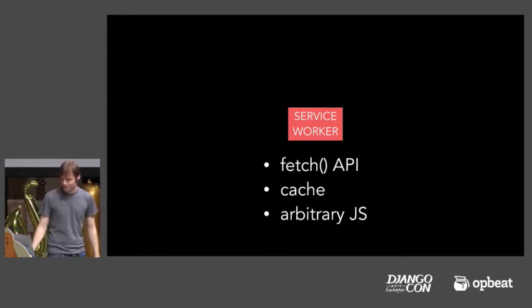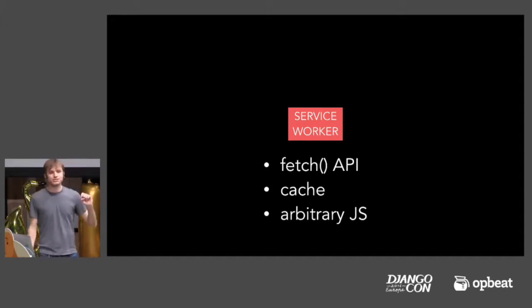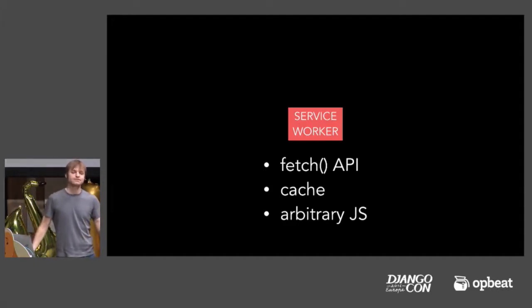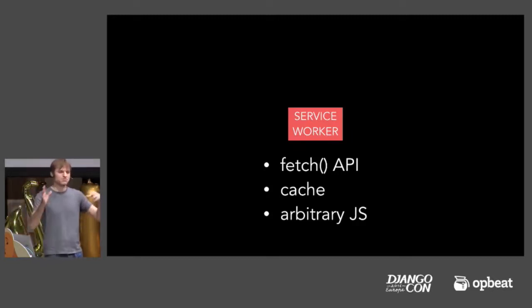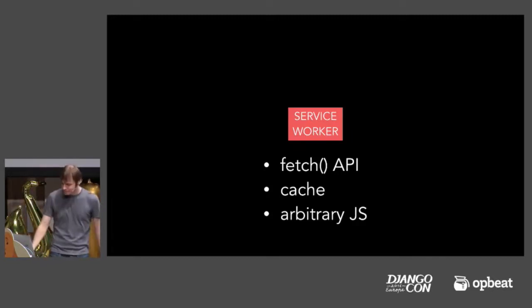So you can use it safely within a service worker. You can also cache. So just as in the Django cache API, you can set things, you can get things, you can clear them. It actually has its own cache. It's separate from your browser's cache. It's the service worker cache. And then you can run arbitrary JavaScript, which is how you glue all this stuff together.